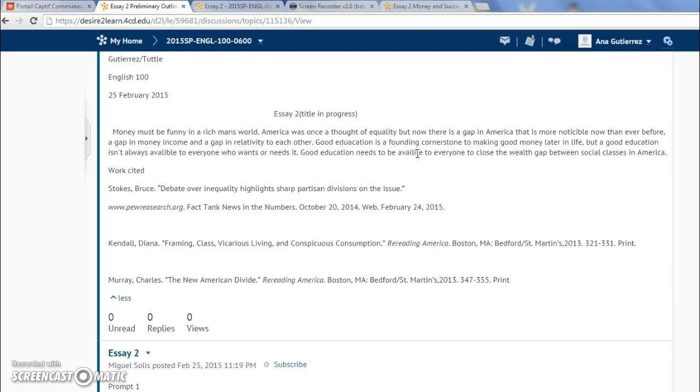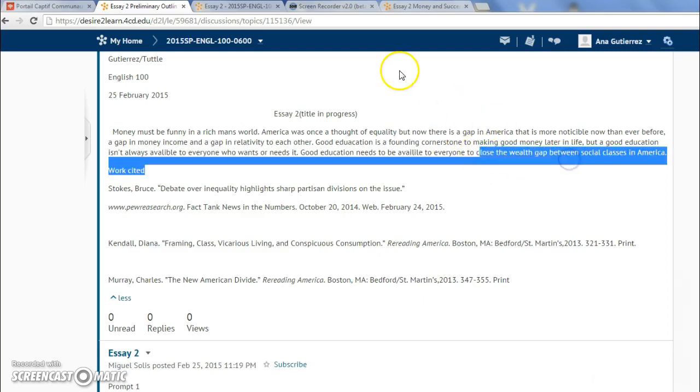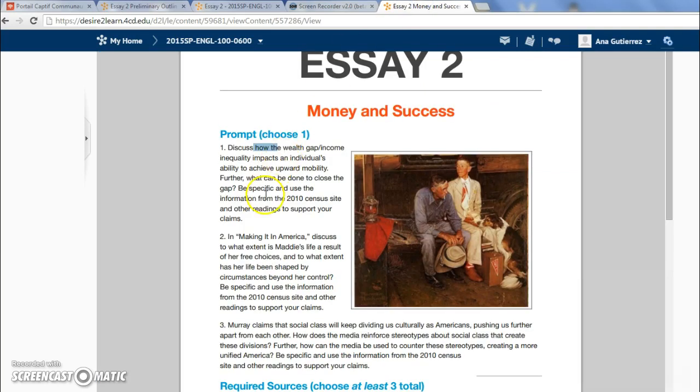But when you're going to actually turn it into a thesis, what I would do is give you the same comments I gave Kelly, and that is use a very direct, straightforward cause and effect structure for your sentence. Answer the essay question. If you're talking about closing the wealth gap between social classes, I'm going to go back to this. Maybe you're talking about this question here, right? So answer the question.